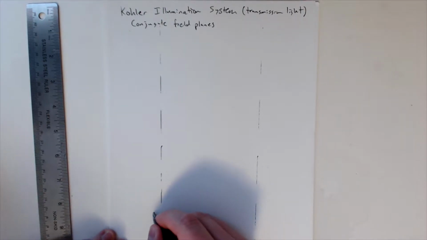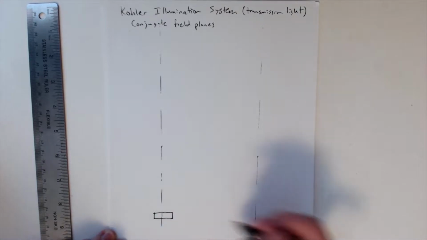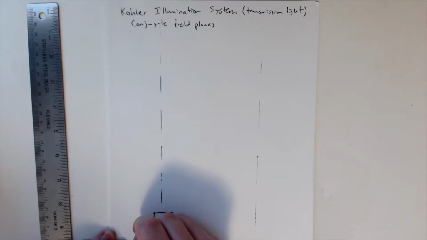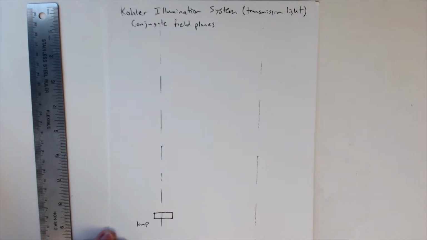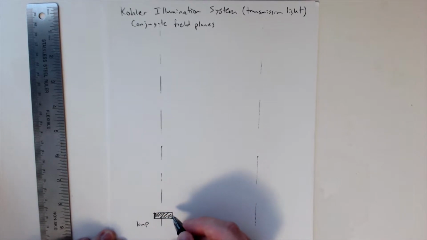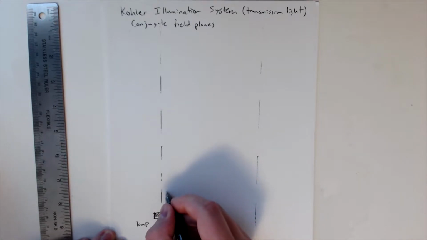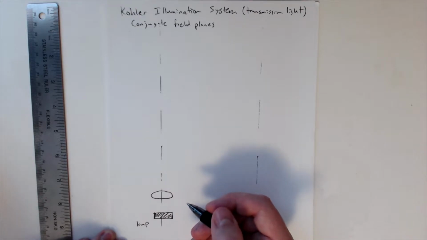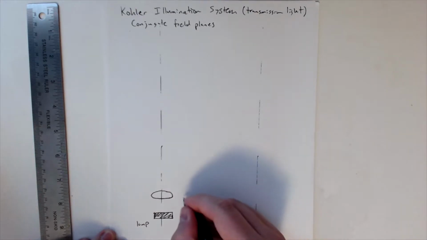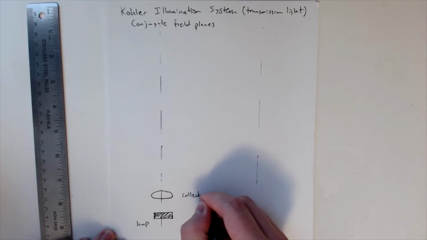All right, so down here, I'm going to draw my lamp. So this is my lamp down here, just a box. I'm not trying to be fancy with it or anything. From the lamp, the light goes through the first lens in this arrangement, and this is the collector lens.